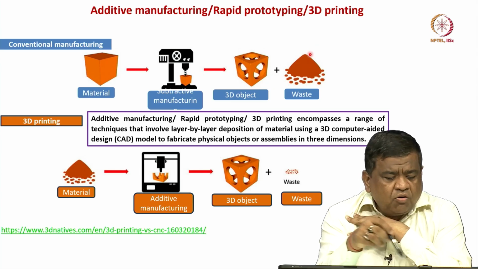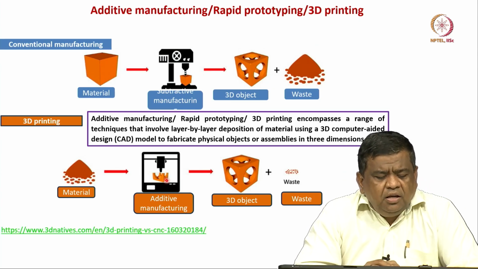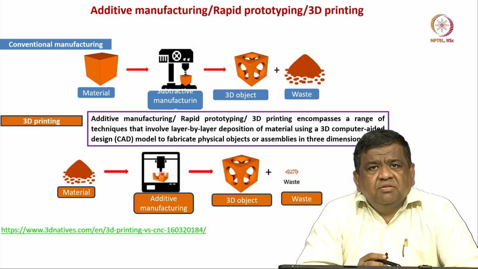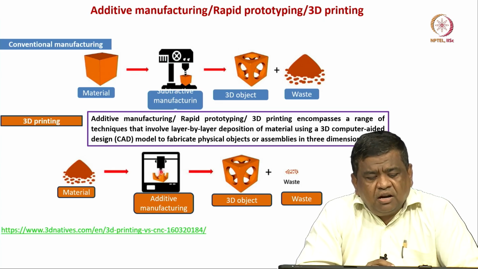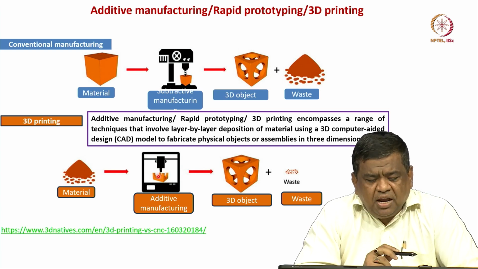In contrast, in additive manufacturing, you start with the materials, then you give a 3D printing machine a specific file in a desired format. Based on the information contained in that file, this machine will fabricate the material in a layer by layer manner.